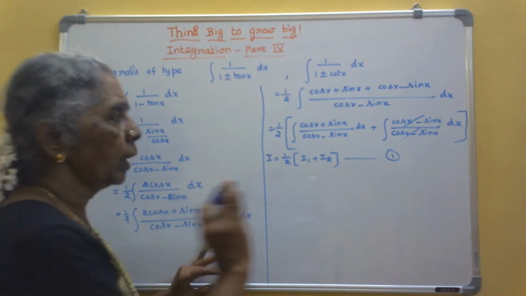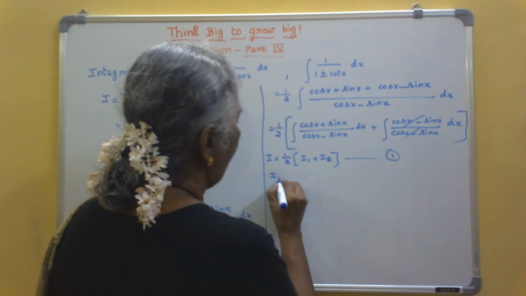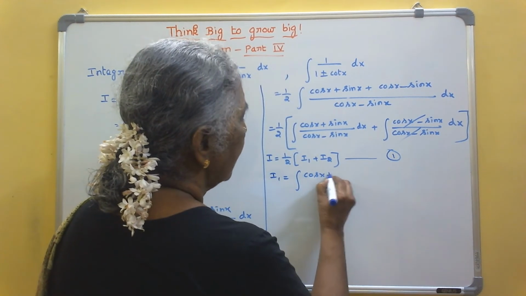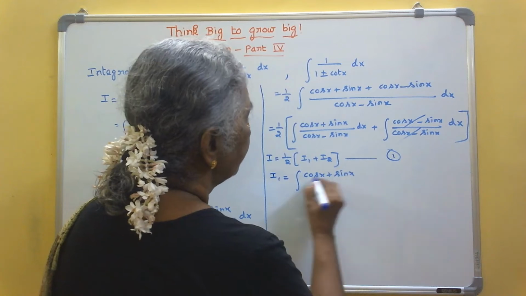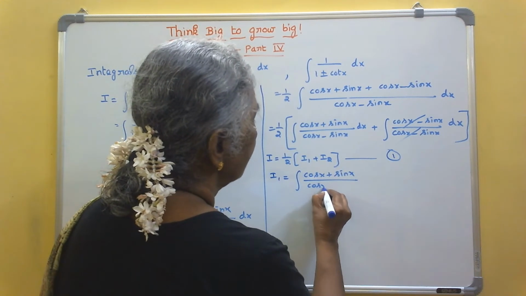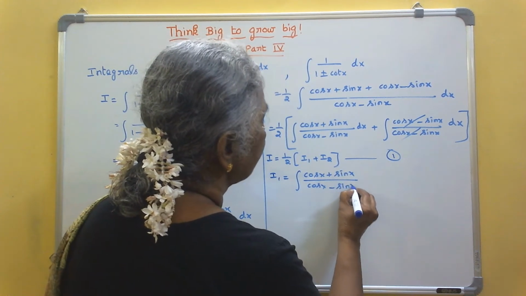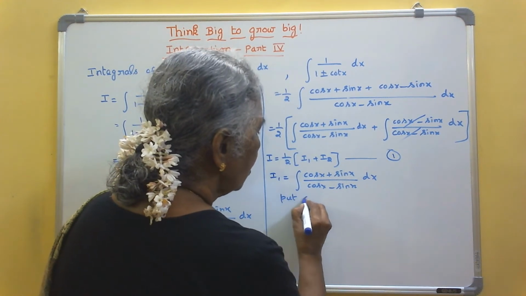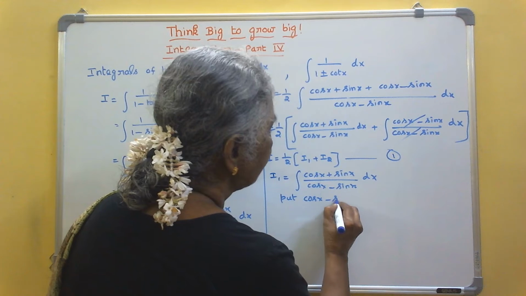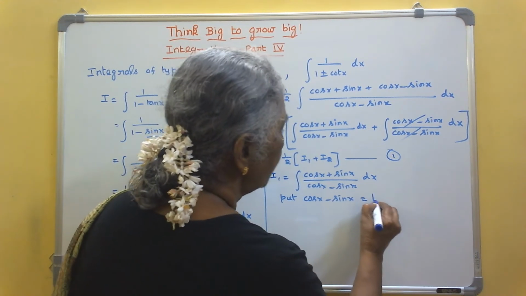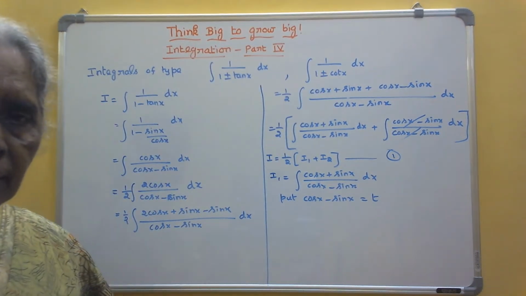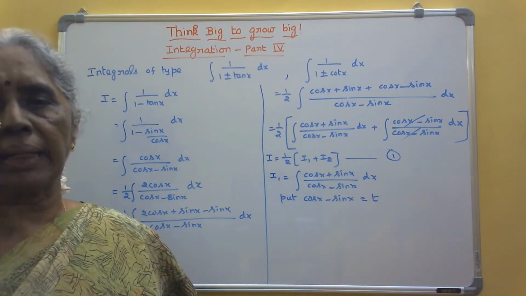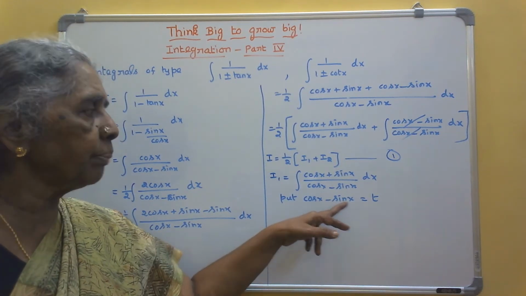Now let me write my I1 is equal to integral cos x plus sin x by cos x minus sin x dx. Now you put cos x minus sin x is equal to t, because when I differentiate, for cos x I will get minus sin x, for sin x I will get cos x.